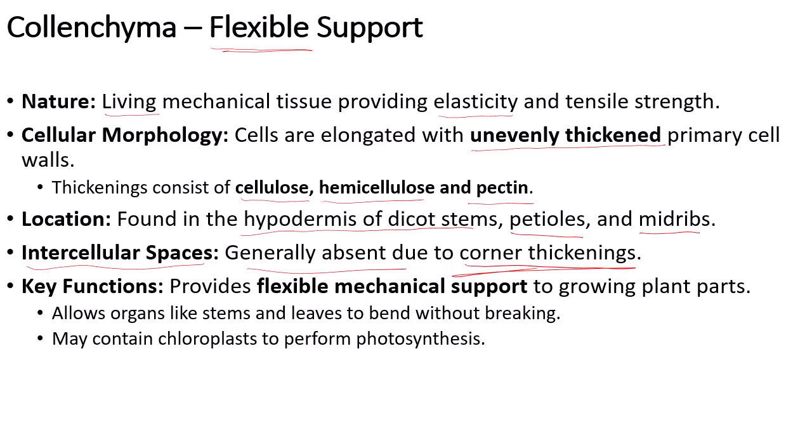So this is also one of the mechanical tissues in plants. Sometimes they contain chloroplasts also and perform the process of photosynthesis. Usually in the young green stem of dicotyledonous plants, you can see the collenchyma in more quantity.